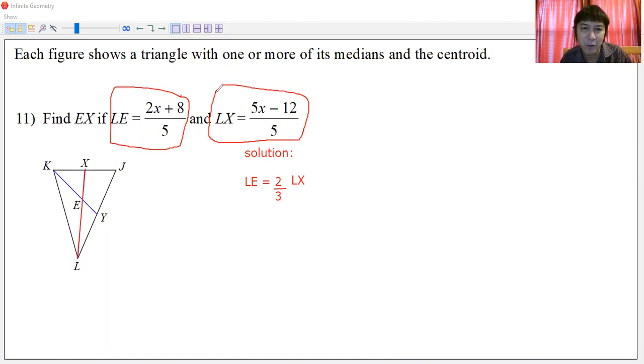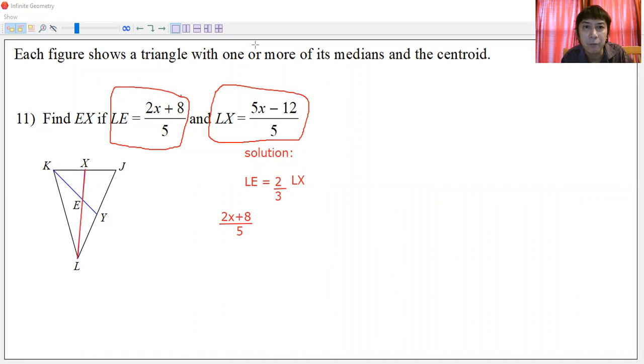Here's what we do. We have now LE, which is 2x plus 8 over 5. That's for the LE, and this will be the given.